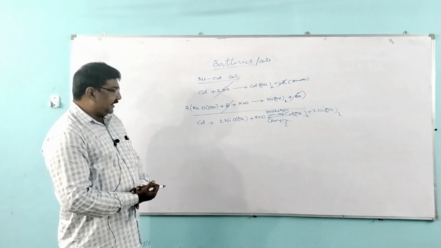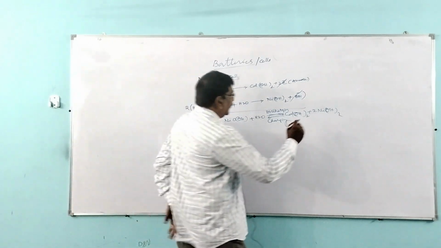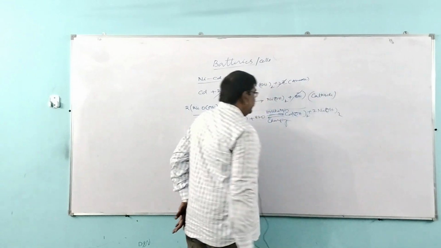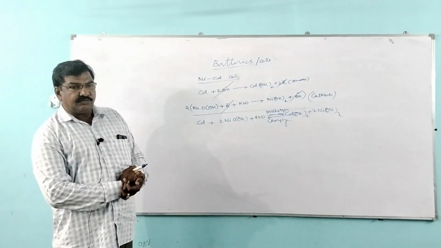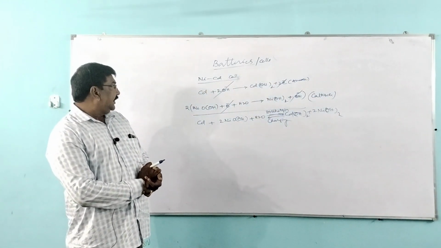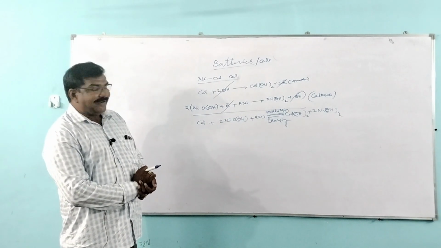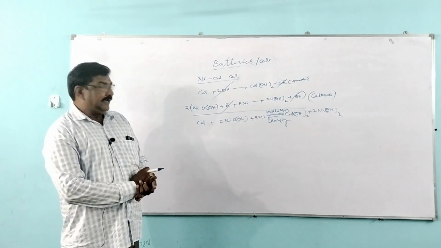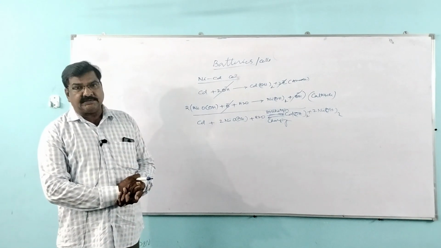NiOOH is the cathode, which is converted into Ni(OH)2. So this is a nickel cadmium cell, of course expensive, hence it is used in cell phones.